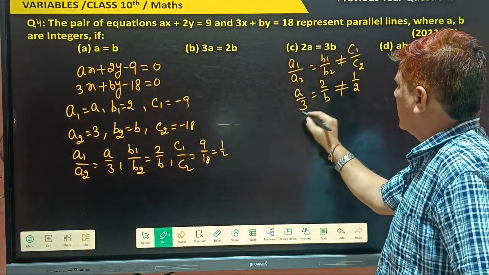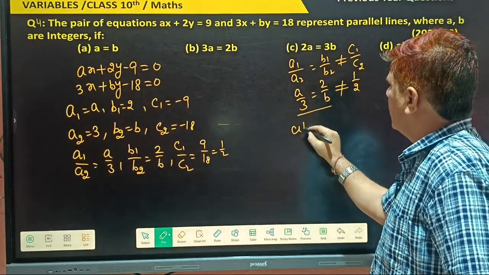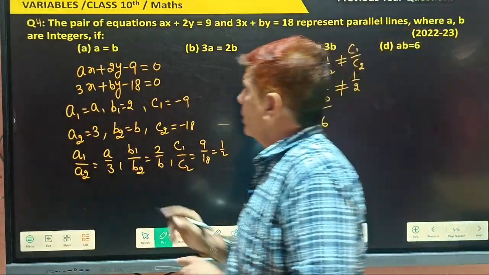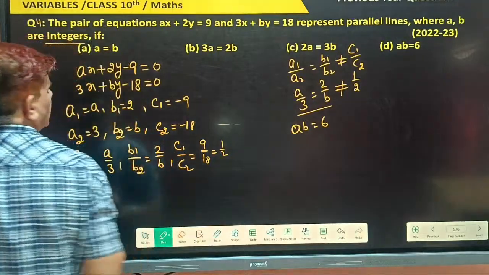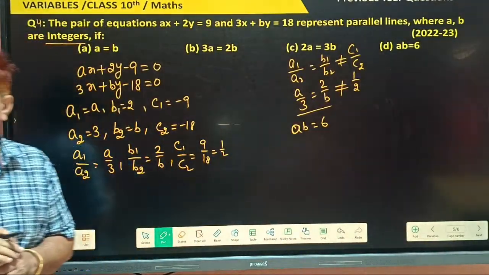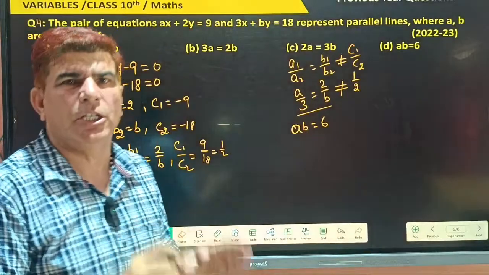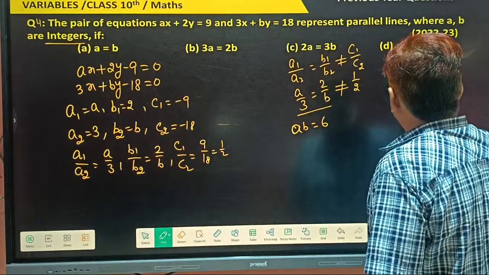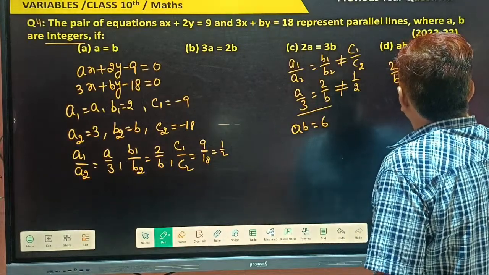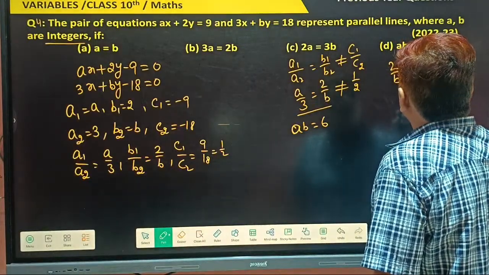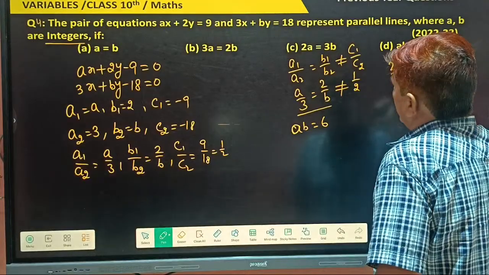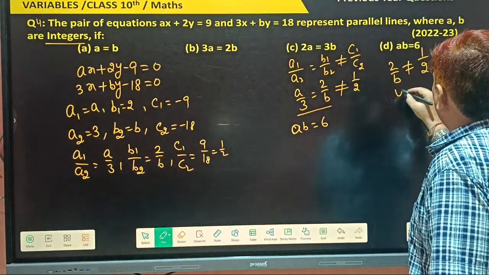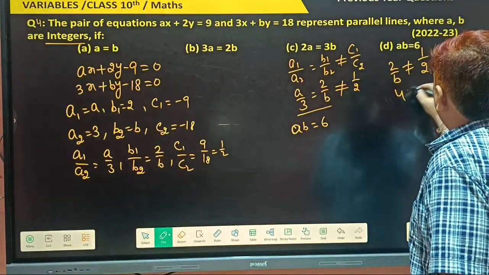If you take the first two, ab equal to 6. It means a and b are integers and their multiplication must equal 6. Another condition is 2 by b not equal to 1 by 2. If you find this, by cross multiplication 4 not equal to b.